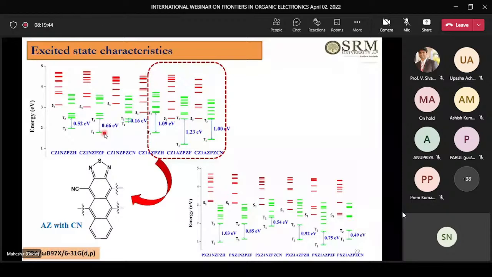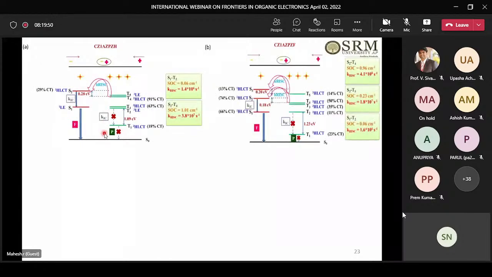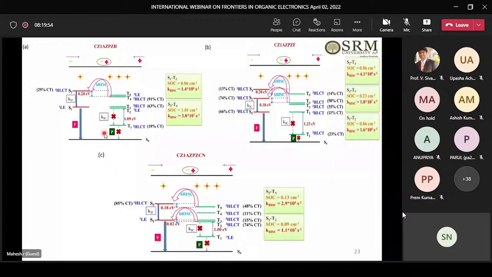We have carried out a detailed study of these energy levels so that we can identify the potential channels for these three molecules. For example, in the case of the first molecule, we have identified two potential channels, from S1 to T2 and S2 to T4.